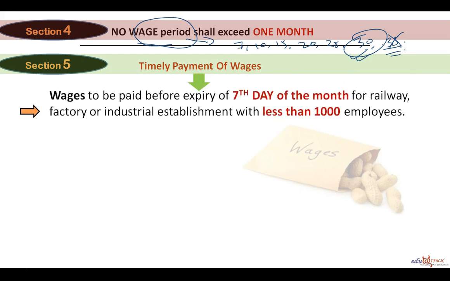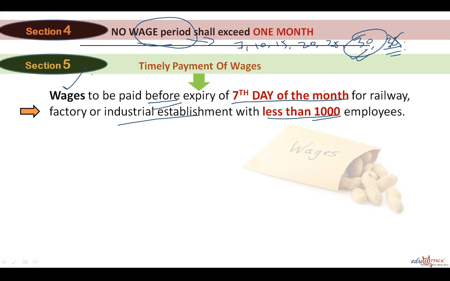These were the main problems used to be faced by employees. So the government made a rule under section 5 that wages are to be paid before the expiry of the 7th day of the month for railway, factory, industrial establishment with less than 1,000 employees.